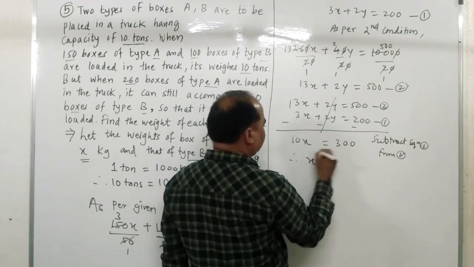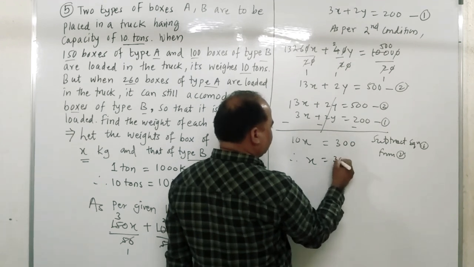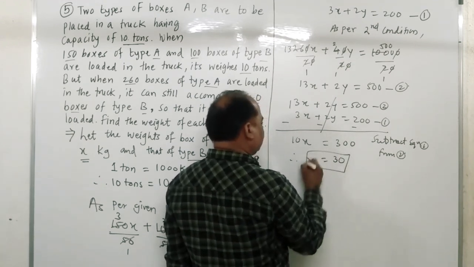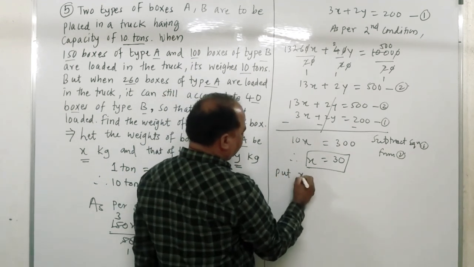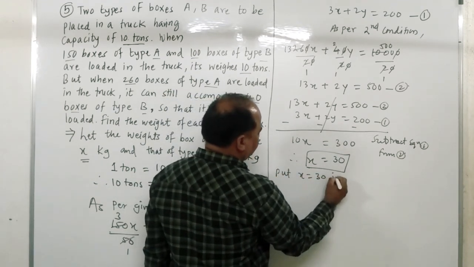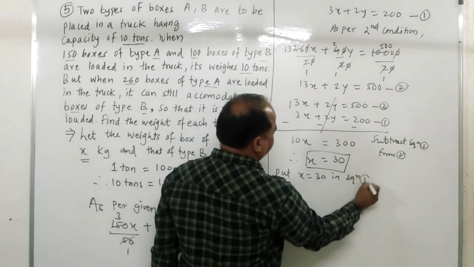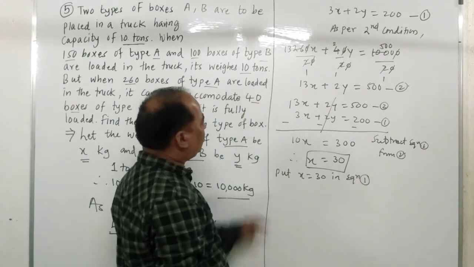Therefore x is equal to 300 divided by 10, which is 30. So put x equal to 30 in equation number 1.